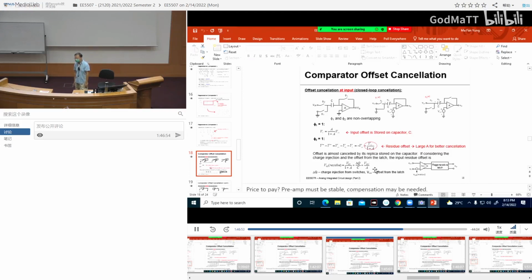Are you all familiar with offset? How to simulate offset? How do you simulate mismatch?